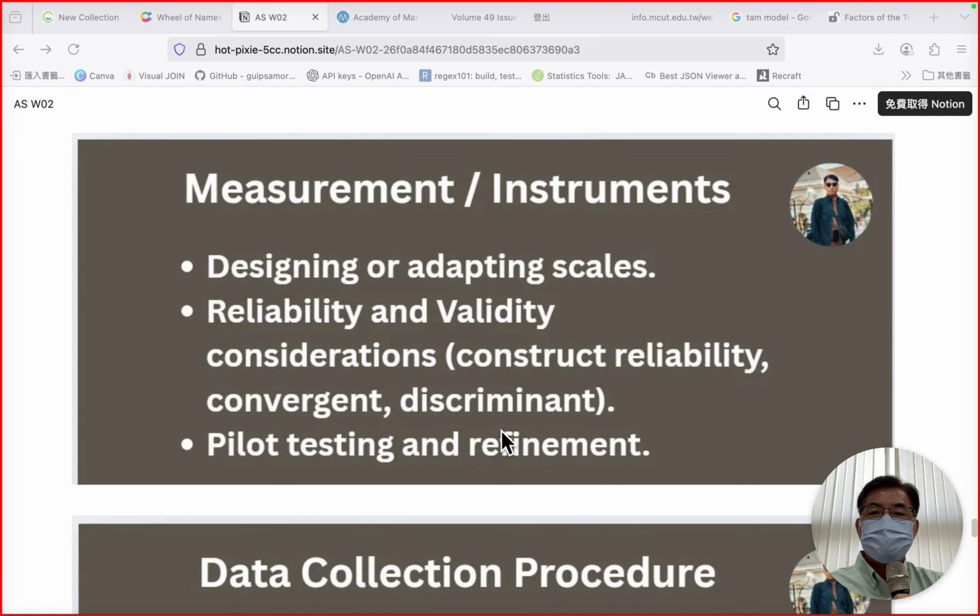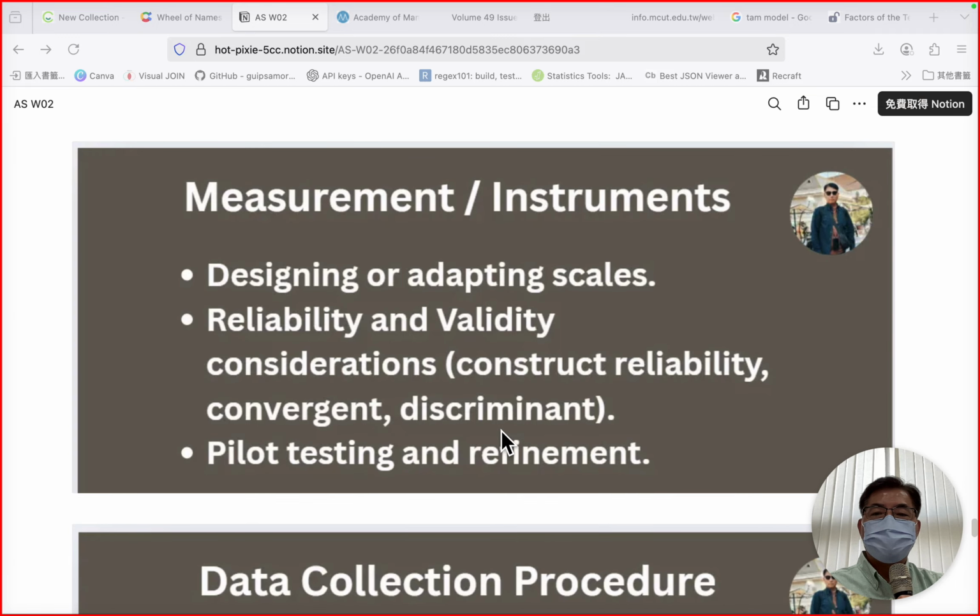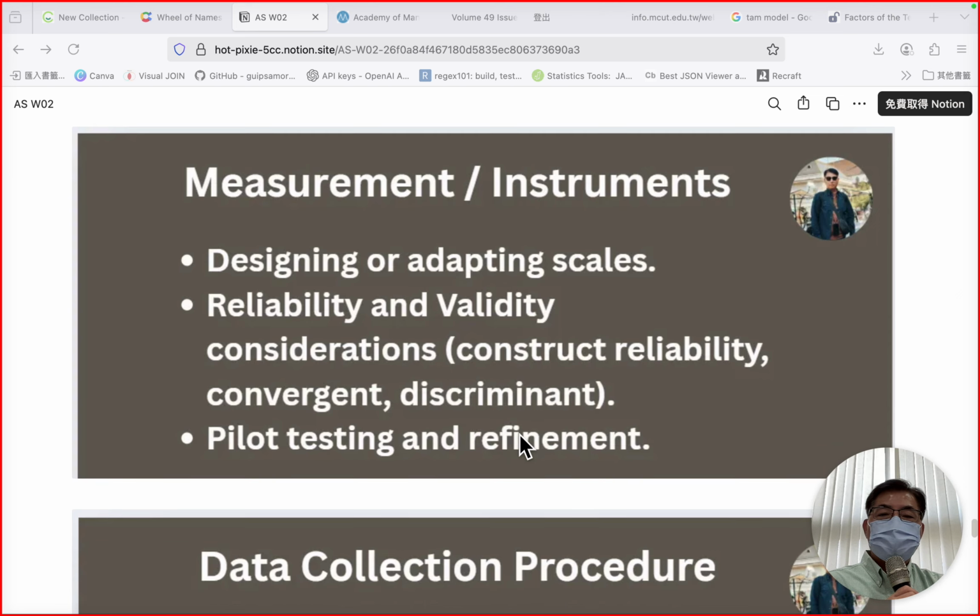Now, measurement or instrument. This means adapting the scales that we just mentioned. You have to make sure that your article provides scales, so it will be convenient for you to do your research.